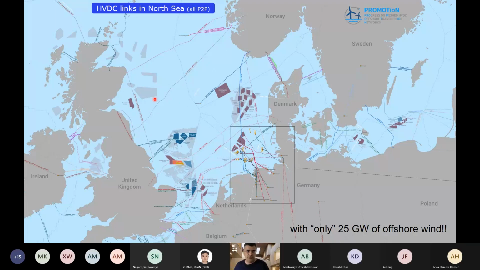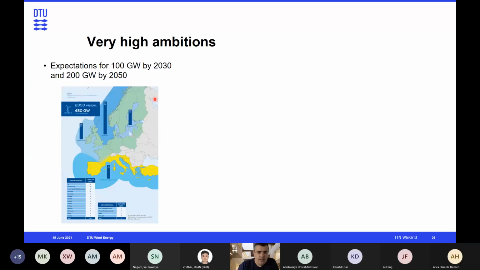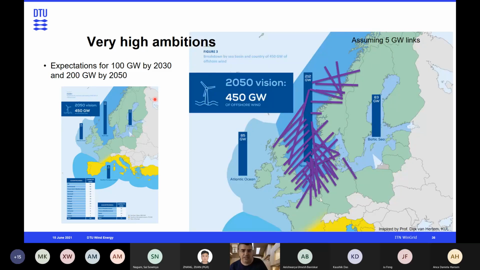So today, when we want to connect two assets, we build a line between those two points. But if we take into account that the ambitions for offshore wind are very, very high, and we are expecting to reach maybe 200 gigawatts by 2050, and we continue this way of thinking by connecting point to point, so each project is connected to the shore, we will end up having something like that.